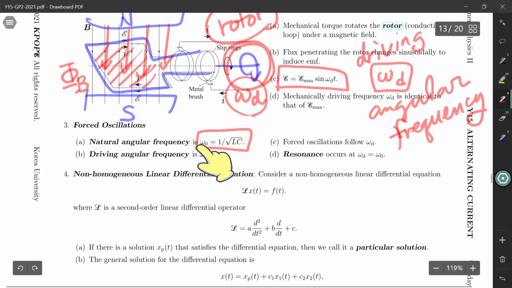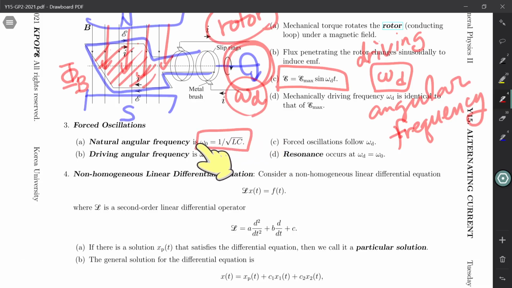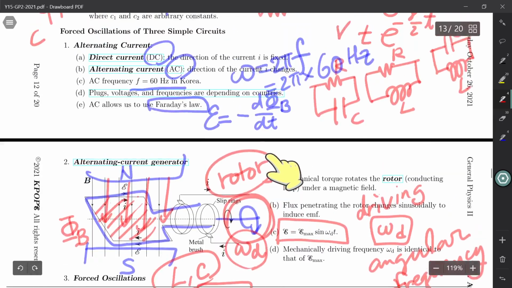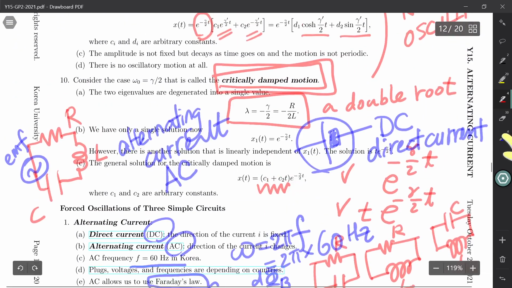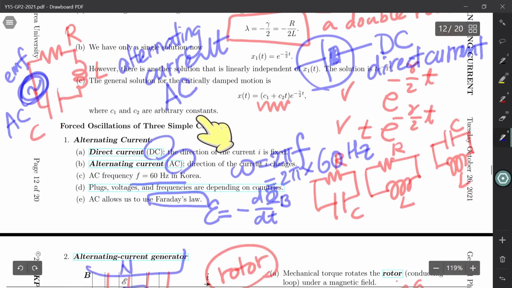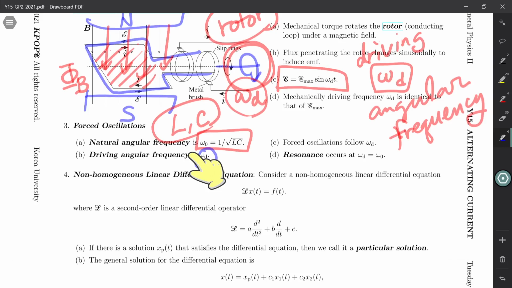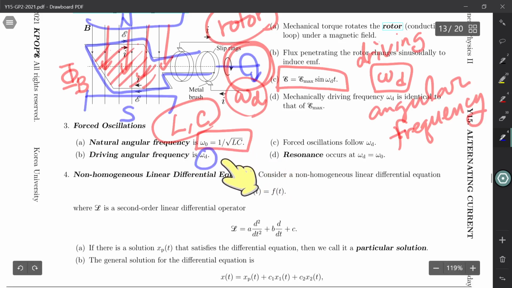The natural frequency of a circuit that contains the inductance and capacitance has the natural frequency, natural angular frequency omega 0, and when the driving force is applied with an AC current, the driving frequency does not have to be the same as omega 0.